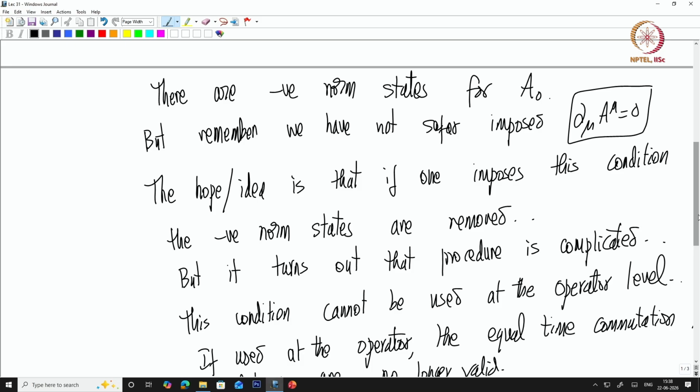Acting on the state instead of on the operator, it should go to 0.